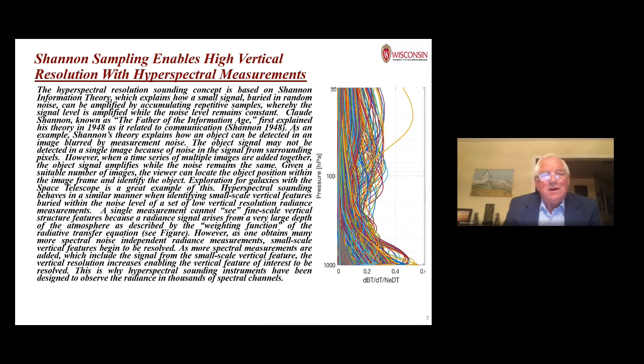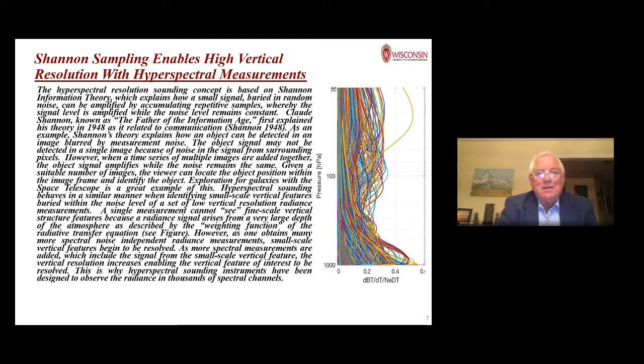And so he developed this theory for communication. But the Shannon theory applied to all kinds of things. For example, it applies to imagery. If you have an image, just one image, for example, you may not see an object in it because of the noise of all the surrounding pixels. You can't see the object that you're looking for in the image.